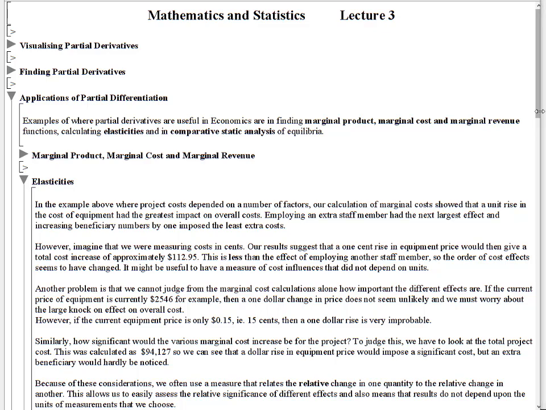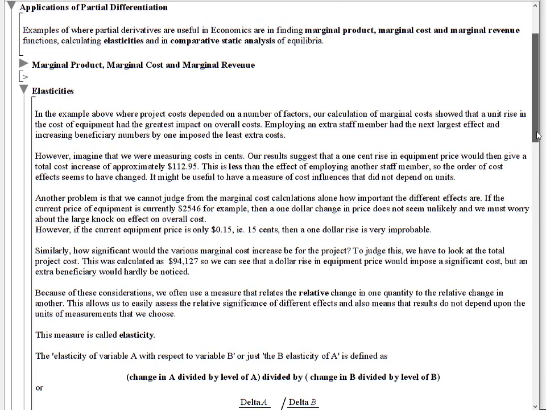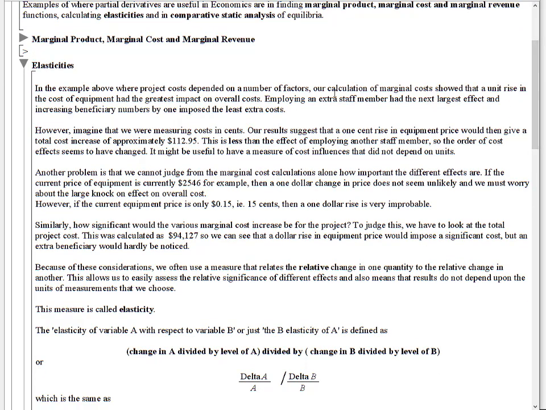We're going back to a previous example, the impact of different factors on project costs. That analysis showed the greatest impact on overall costs comes from a unit rise in the cost of equipment. After that was staff members, and beneficiary numbers were the smallest extra cost. However, there's a catch.